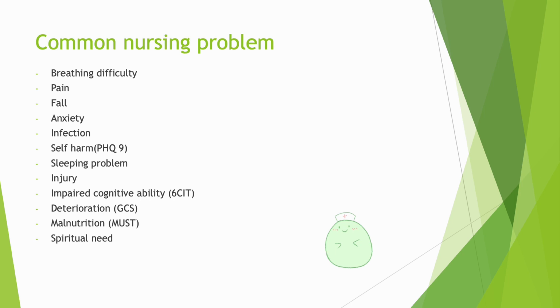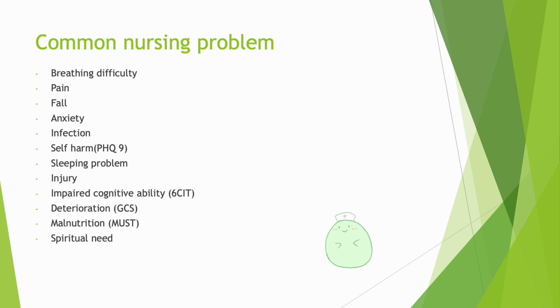Okay, so now I will talk about some common nursing problems, maybe breathing difficulty, pain, fall, anxiety, infection, and then a patient with maybe a high PHQ score, then he or she may be at risk of self-harm, sleeping problem, injury, patient may be at risk of injury. Then if the patient has dementia and a high 6CIT score, it shows that she has severely impaired cognitive ability.